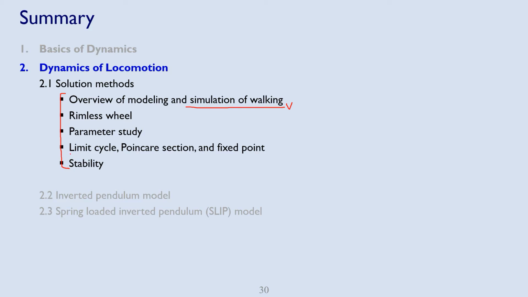You should find the periodic gait using the limit cycle and fixed point, and even check whether your fixed point is stable by checking the eigenvalues. Later, I would recommend doing a parameter study of your model to check whether it is feasible and whether its predictions can explain human behavior.